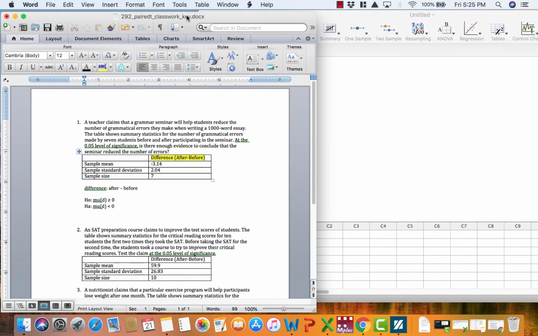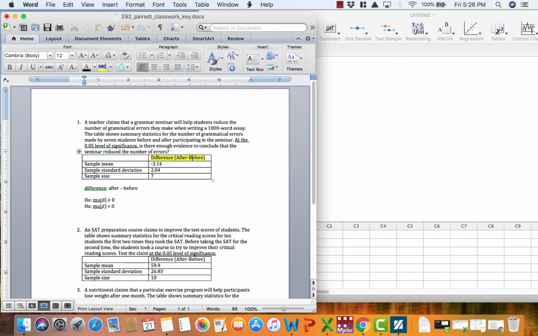So how do we know for sure it's paired t? First and foremost, with the summarized stats, I only give you one column, which is a difference column. We have a before-after scenario. Those are dependent samples.